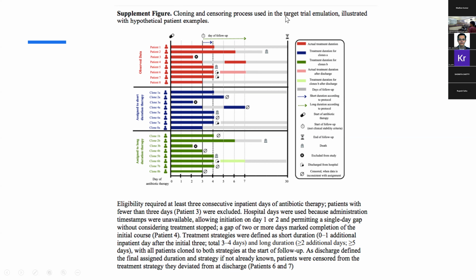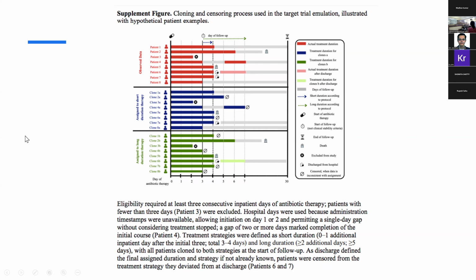So I can't eliminate one or the other clone because nobody has violated their protocol. I censor a clone only when the clone's protocol is violated. Neither protocol is violated. Patient 5 took antibiotics for 4 days and died. He could have been clone 1, he could have been clone 2. So sometimes duplication of clones can occur. So for this one person, there are 2 clones that actually exist.